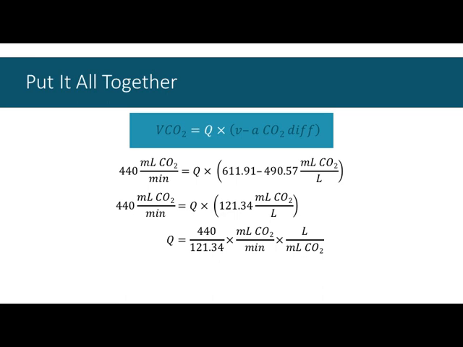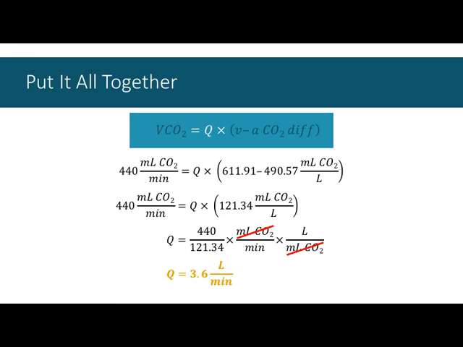Luckily, you also remember from grade 9 algebra, if there's the same term on the top and bottom, those can be removed. And now all I have to do is divide 121.34 into 440, and I'm left with liters of blood per minute. Liters of blood per minute.